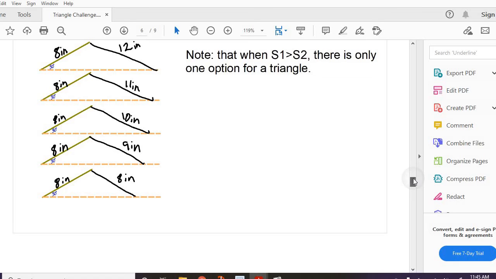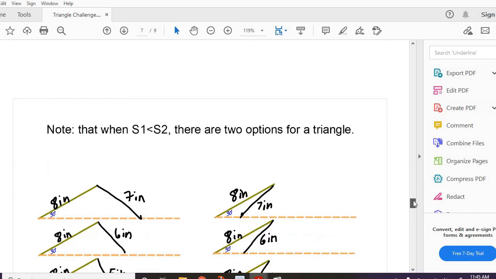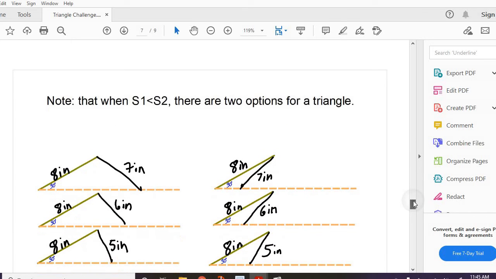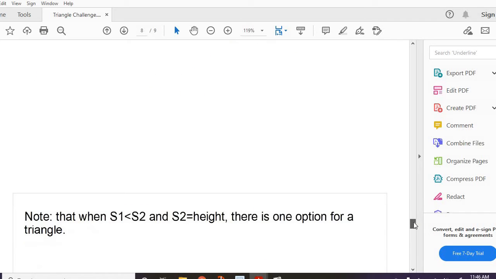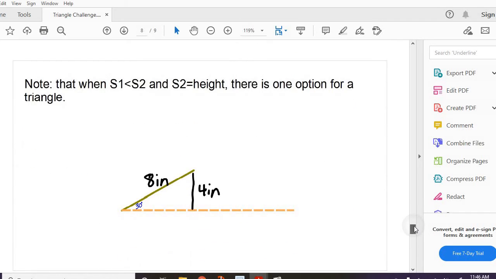So notice that when your side is bigger than or equal to your original side, there's only going to be one option. When our second side is smaller than the original, there are 2 options, as long as it is still bigger than our height, which is what this last one is.